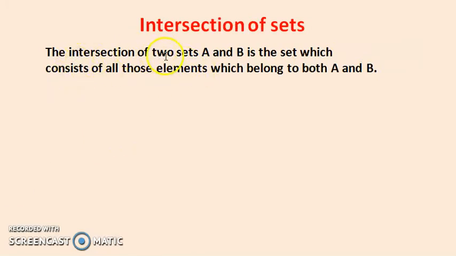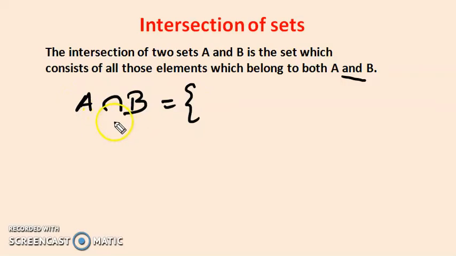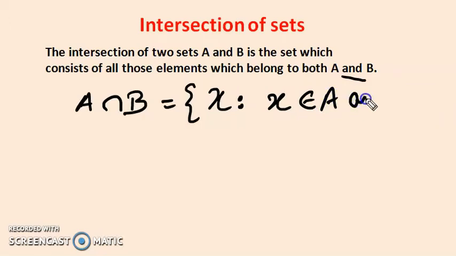The intersection of two sets A and B is the set consisting of those elements which belong to set A and set B. This is what is important: set A and set B. To denote this in set builder form, this is the symbol used for the intersection operation: A intersection B is the set of x such that x is taken from set A and from set B. This is the property of elements present in both set A and set B.